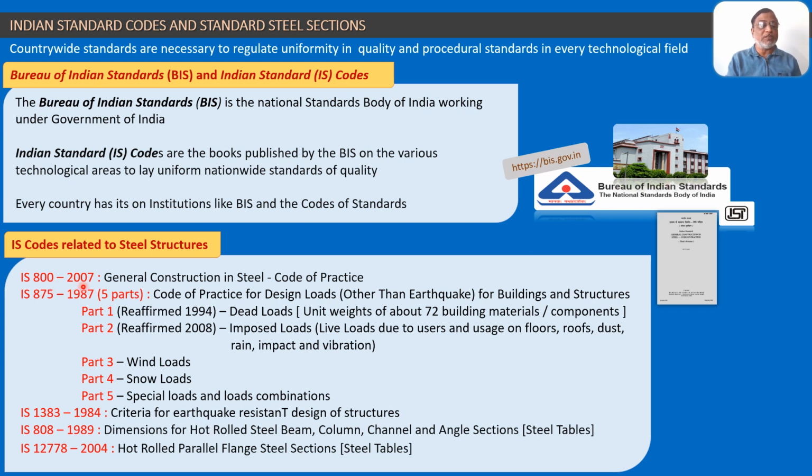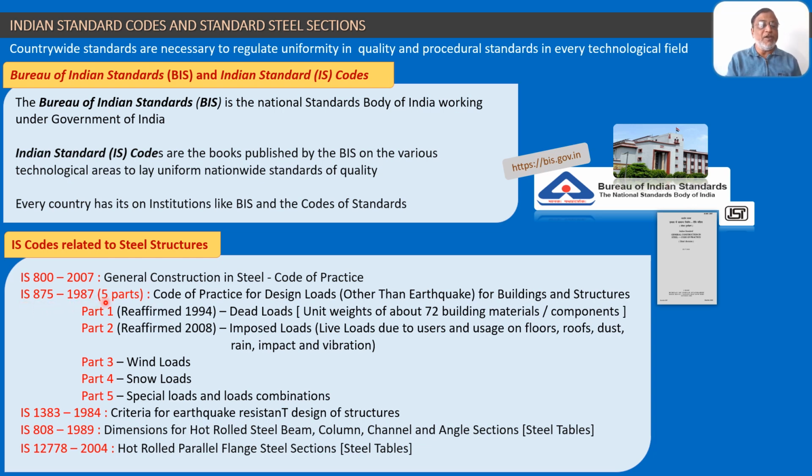So 2007 is the year of publication of this IS code. So IS 800 2007 General Construction in Steel Code of Practice. In our studies further we will always be referring to this IS 800 2007.